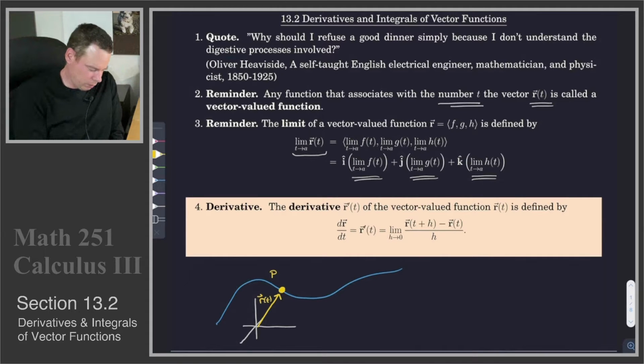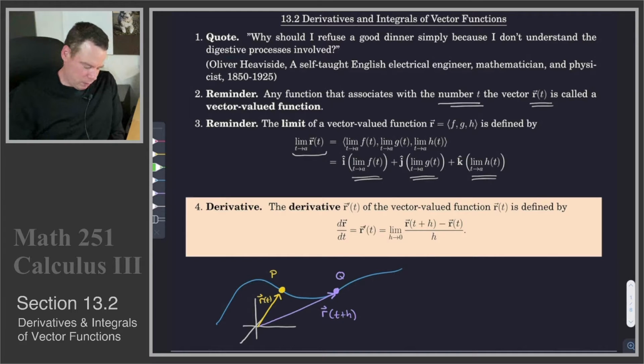We can look at a point a little bit away from it, maybe over here. This could be our point Q, given by the position vector r of t plus h. So we moved a little bit away from our original point.